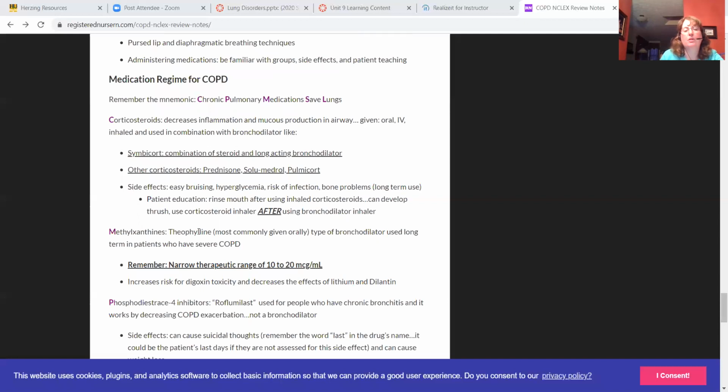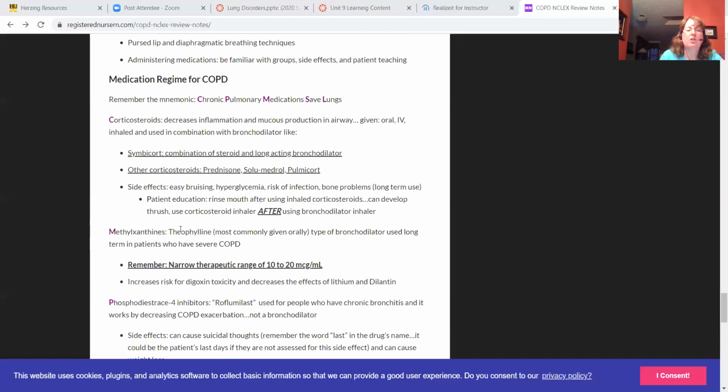Just remember, when you're given a corticosteroid, things can happen. You can bruise easily, you can have hyperglycemia, you can be at high risk for infection. You can have bone issues, so you can be at risk for fracture if you use it long term. Usually you can develop thrush. There's a ton of side effects, so just remember those.